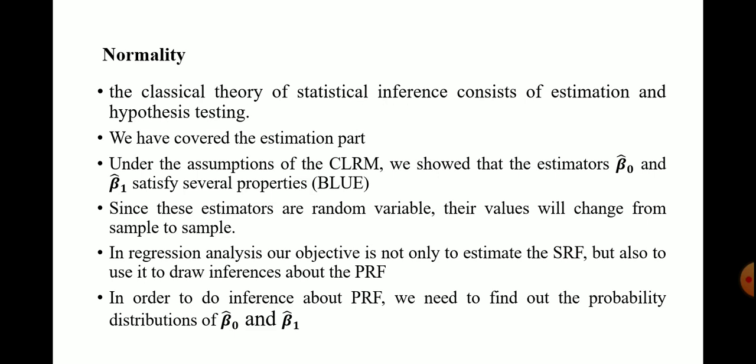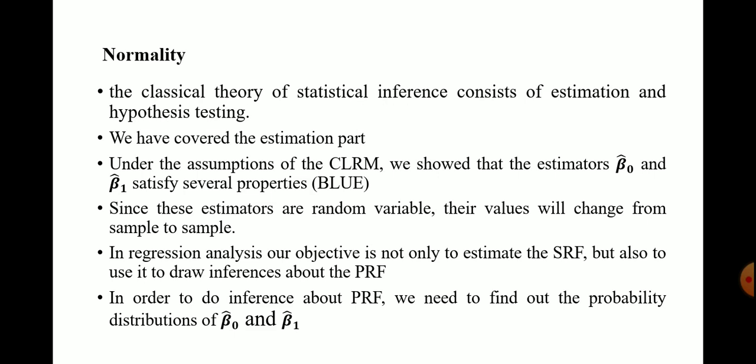You have to understand one thing: beta cap 0 and beta cap 1 are random variables, because whenever you change the sample, your beta cap 0 and beta cap 1 will also change. For example, in our previous example the population was 60 families. We selected 10 families and got one value for beta cap 0 and one value for beta cap 1.